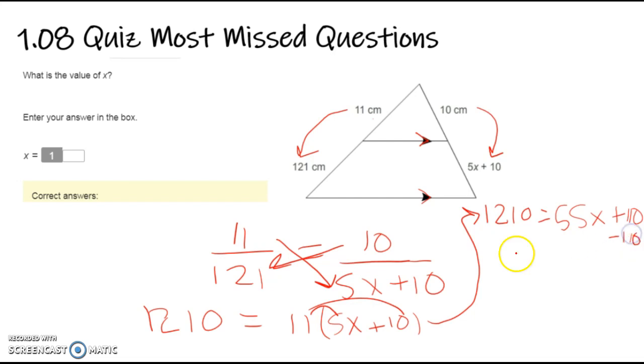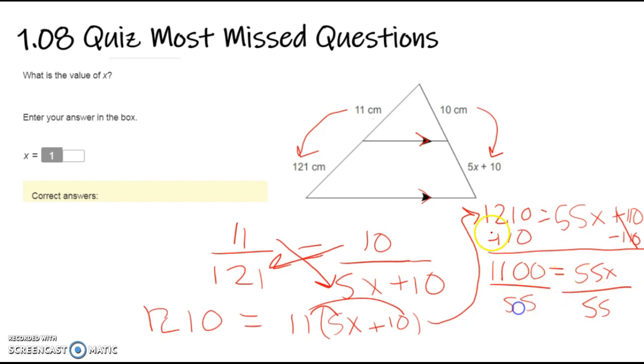We subtract 110 on both sides. We end up with 1,100 equals 55x. We divide both sides by 55 to get x by itself. And that was a minus 110. My handwriting got a little funky there.